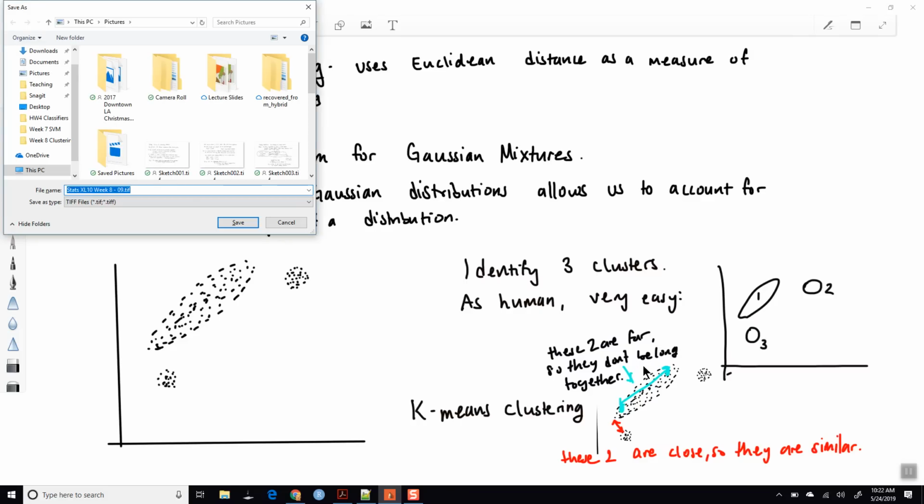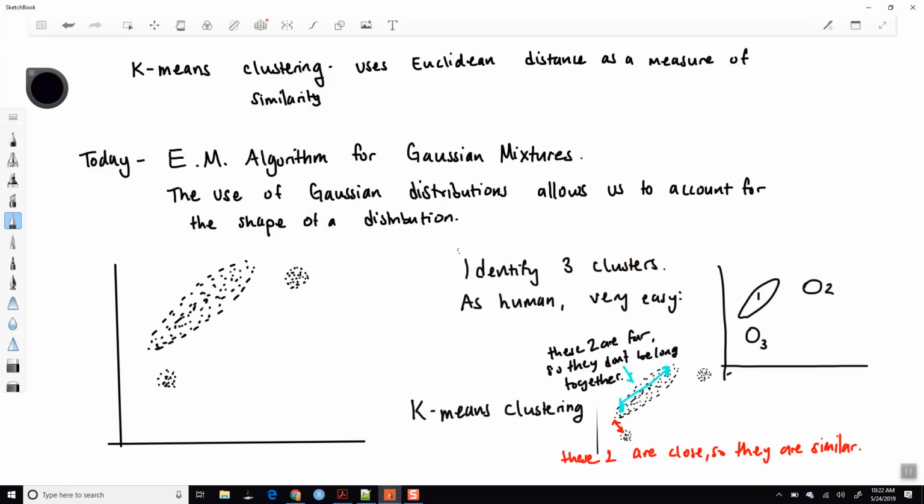Because k-means clustering just uses Euclidean distance, it's going to end up grouping these points over here along with these together, and these ones will go with these ones, and we'll probably get something separated like, I'm going to guess, something like this.